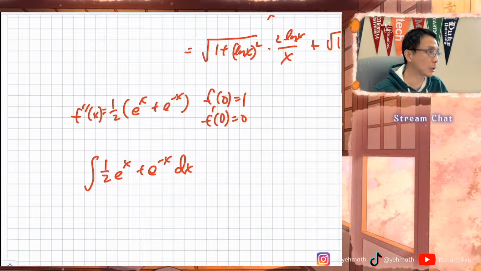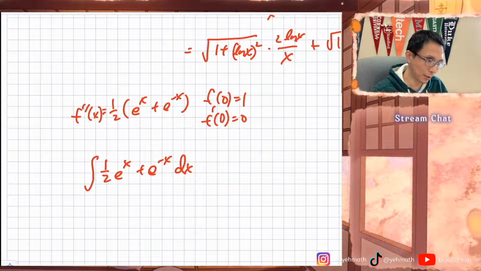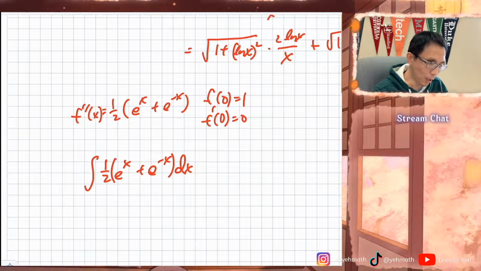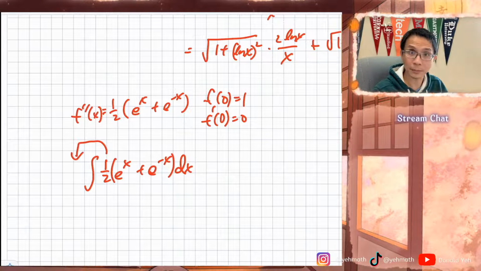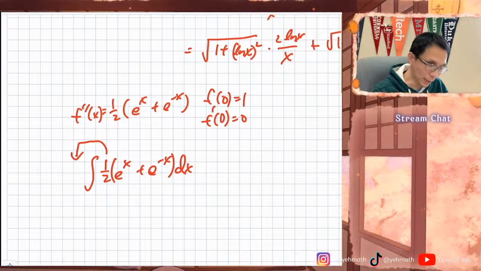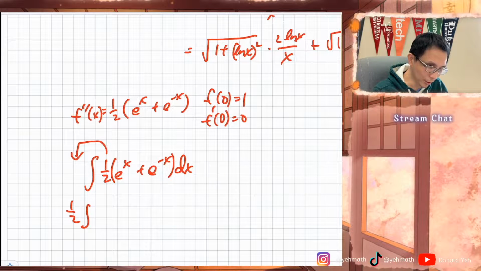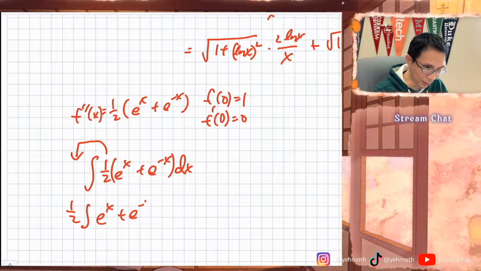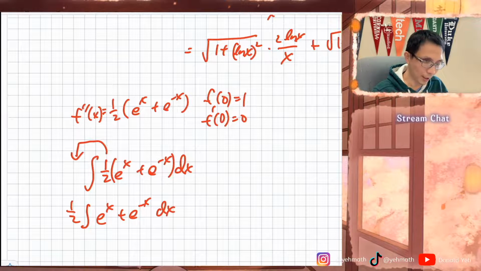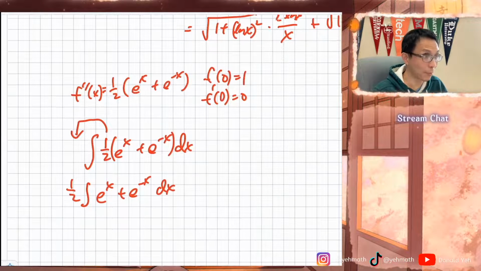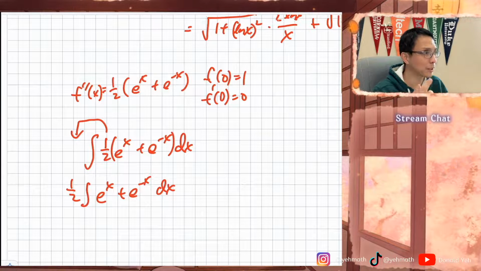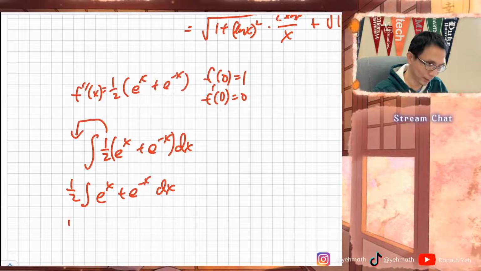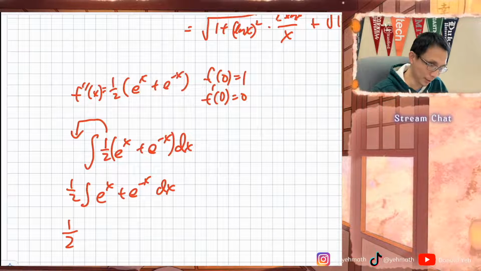This is a good question just because it has two things in there. First of all, I always take the constant outside. Then I take the integration of e to the x plus e to the negative x dx. What's the integration of e to the x? It's the hardest question you're going to get asked.